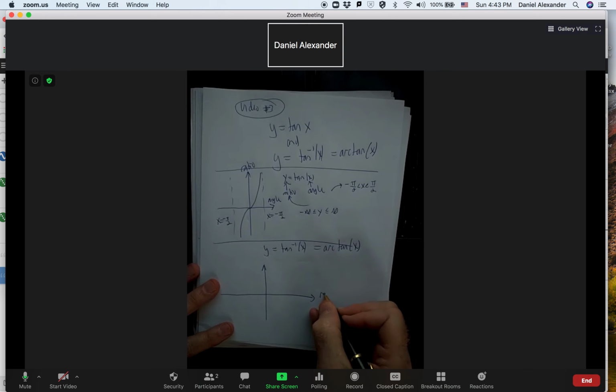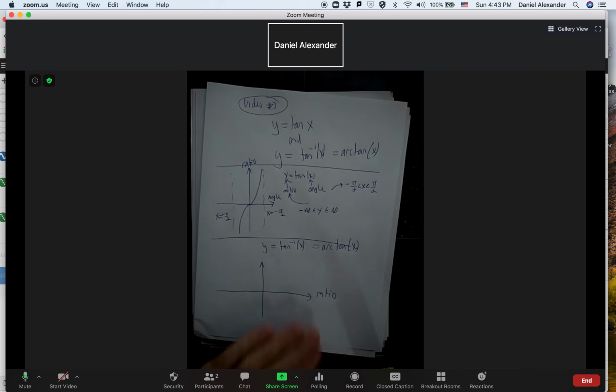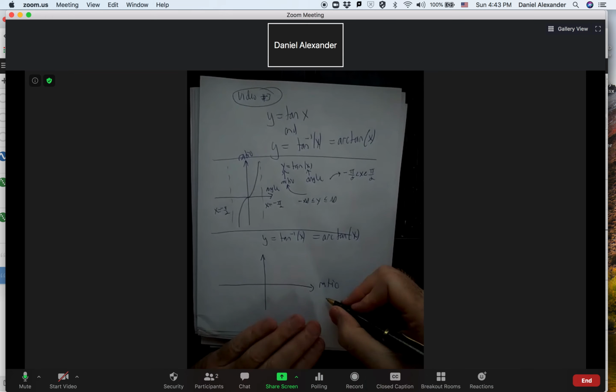So here, we're going to put in a ratio, and our ratio, as we notice here, can go between minus infinity and infinity. And our angles, our y-coordinate, is going to be between minus pi over 2 and pi over 2, but not equal to either.